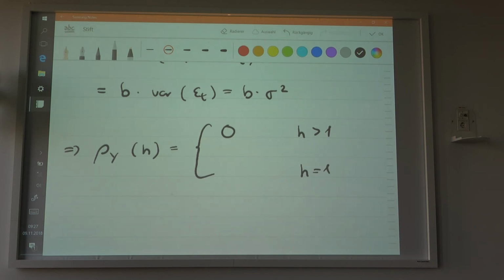The autocovariance was b times sigma squared, and the variance was 1 plus b squared times sigma squared, so the sigma squared falls out, and you have b over 1 plus b squared for the autocorrelation. So these are the basic properties for that case.